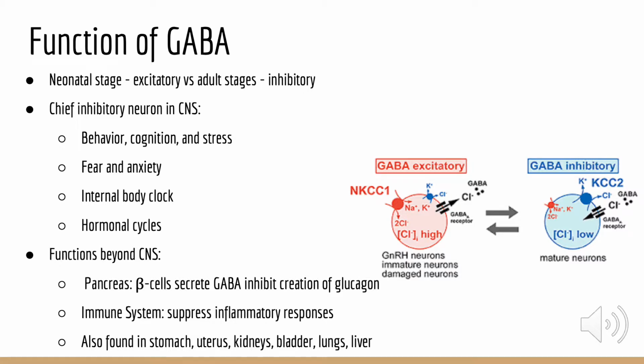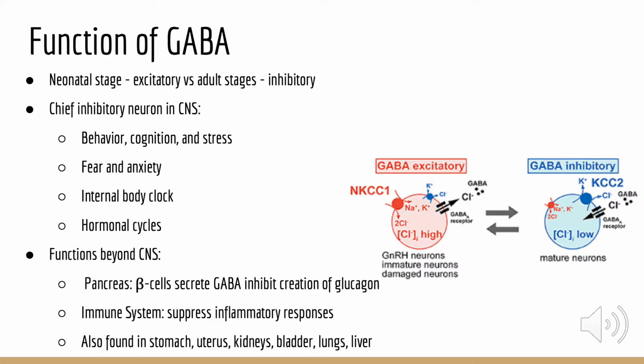The function of GABA. In the neonatal stage, GABA is an excitatory neurotransmitter. However, in the adult stage, it's an inhibitory neurotransmitter. This is because as the brain develops, there's a difference in concentration of cotransporters and a difference in the gradient of chloride. As you can see, in the immature neurons, the NKCC1 brings chloride into the cell, while the chloride ions go out of the cell.